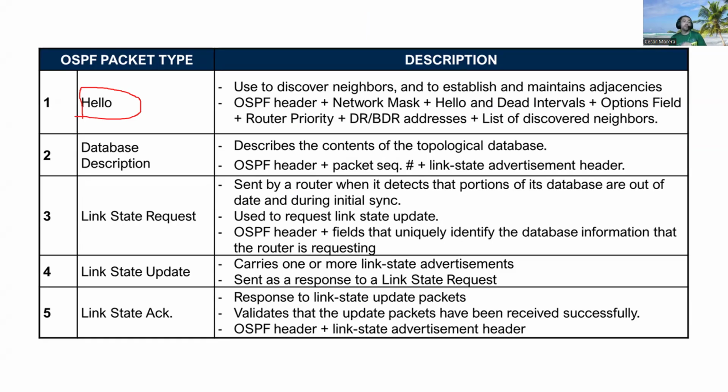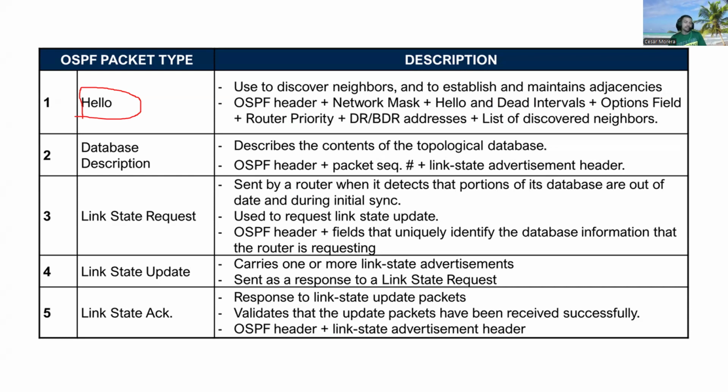In fact, we will learn more about that once we start doing the labs, of course. What is database description? It describes the content of the topology database. We have OSPF header plus packet sequence number plus link state advertisement header.